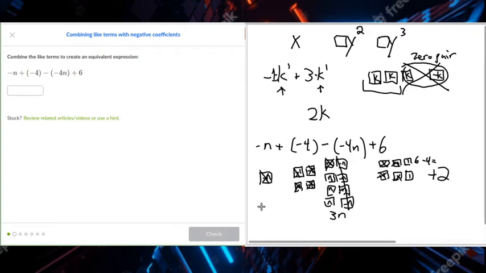And another way to think about that is negative n minus a negative 4. People will say that minus a negative is the same as plus 4, and this is negative 1n, so negative 1 plus 4 is 3. All right, so what do we have? We have 3n plus 2 when we get done.